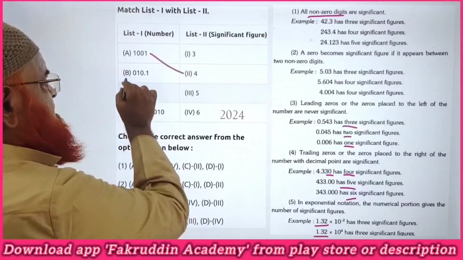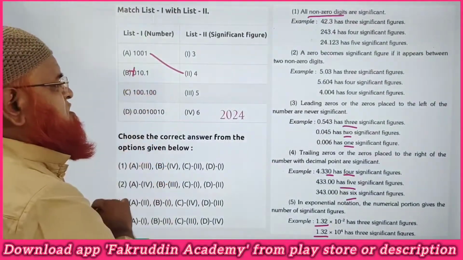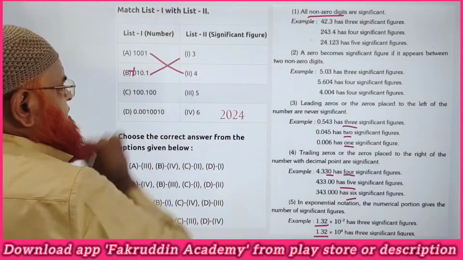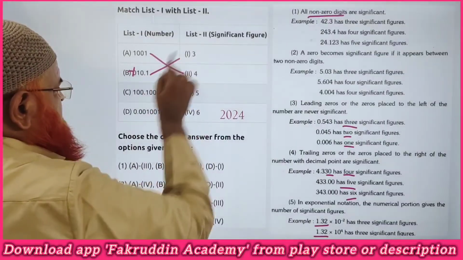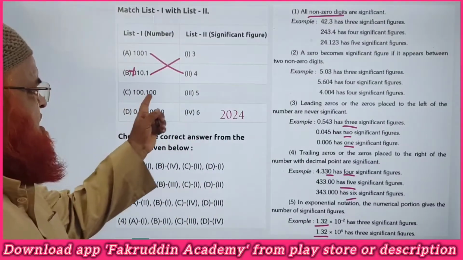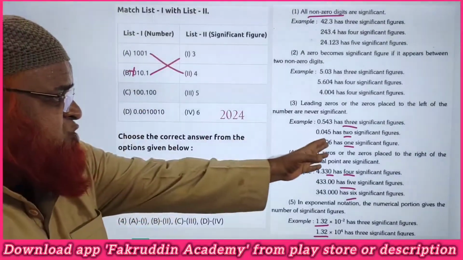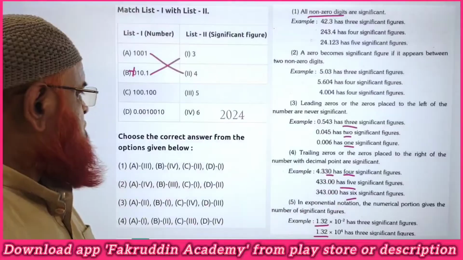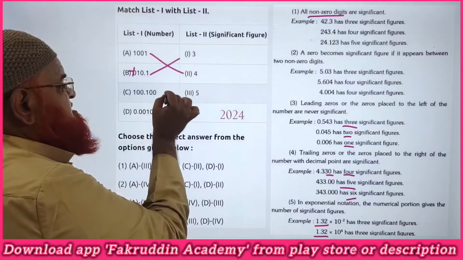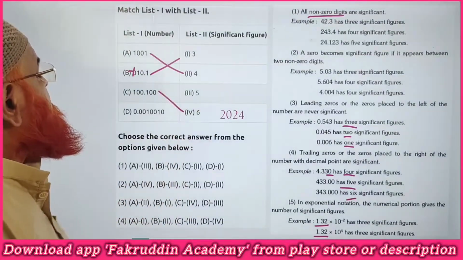The left 0 is not significant, but the middle 0 is significant. That means it is going to be 3. Now here, zeros are present after non-zeros and the decimal point is there, so it comes under the fourth rule. Therefore it is having 6 significant figures. It is going to be your answer.